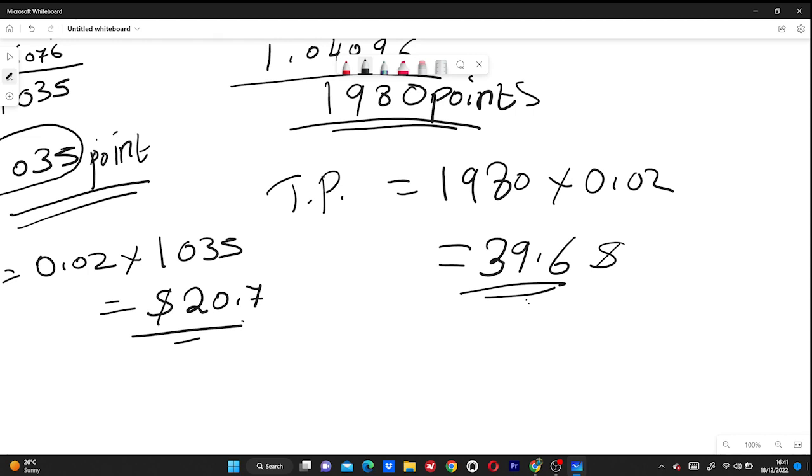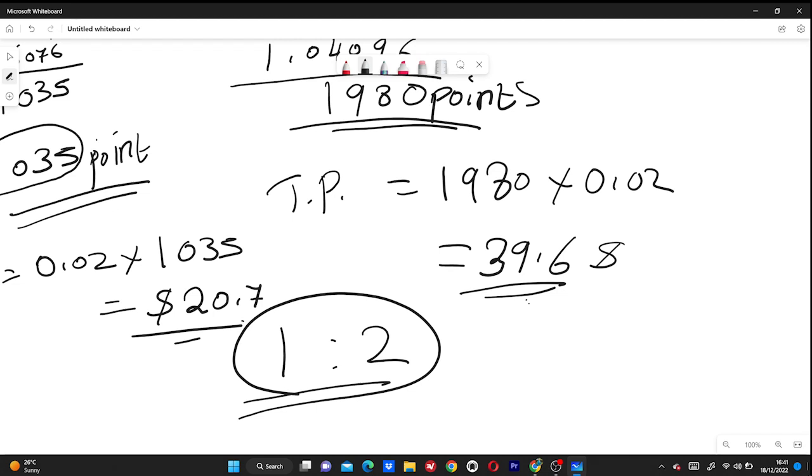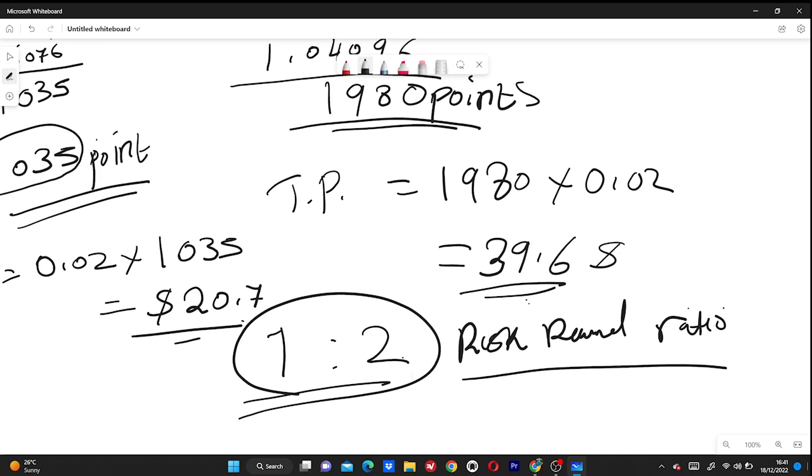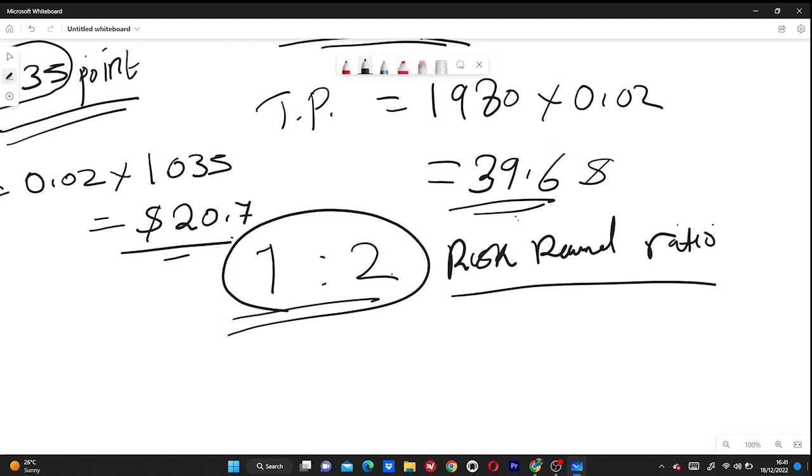So this is amazing, because this is almost 2 times of this one, and this is where we put a reward ratio of 1 is equal to 2. You can see the risk reward ratio is 1 to 2. Risk reward ratio means you lose 1 for you to earn how much?